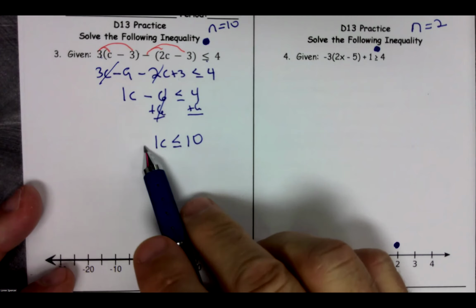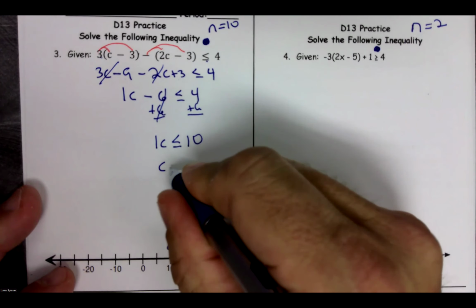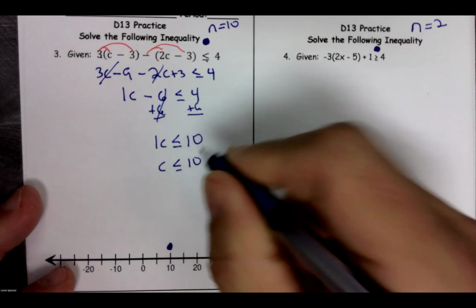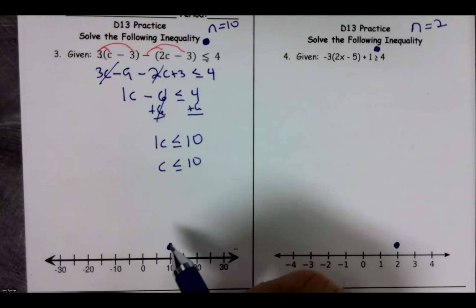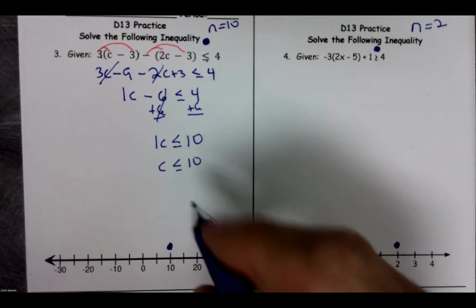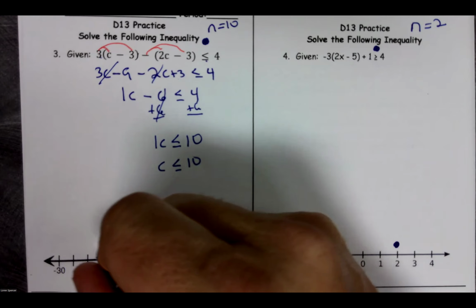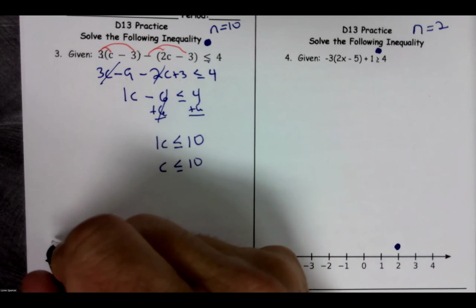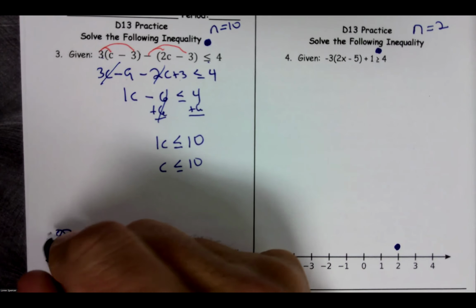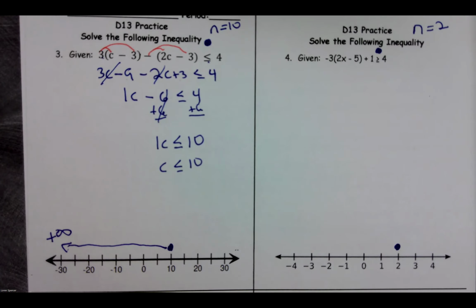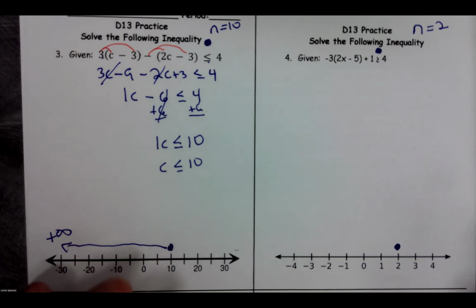We did not divide by a negative, so we don't have to flip the sign. We're done. C is less than or equal to 10, and we know the direction of the arrow. It's going this way, heading off to negative infinity. All right, so let's try the next one.